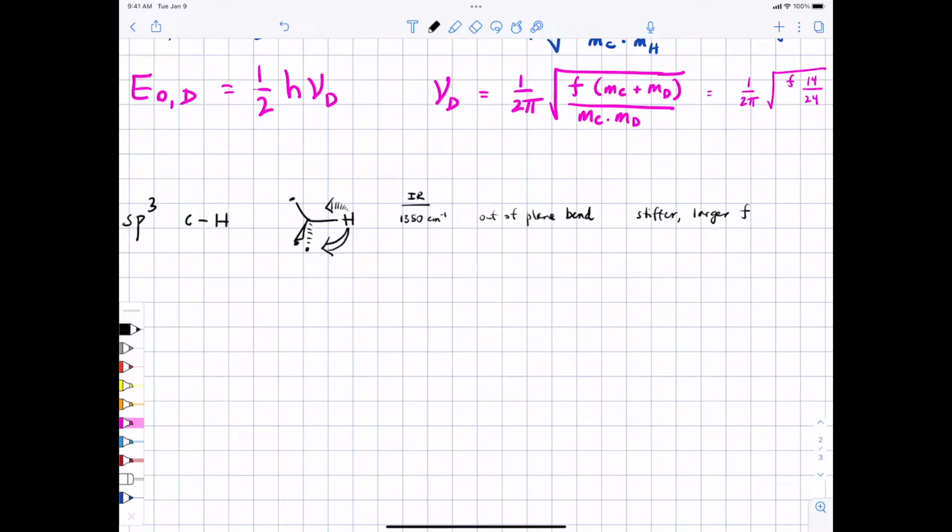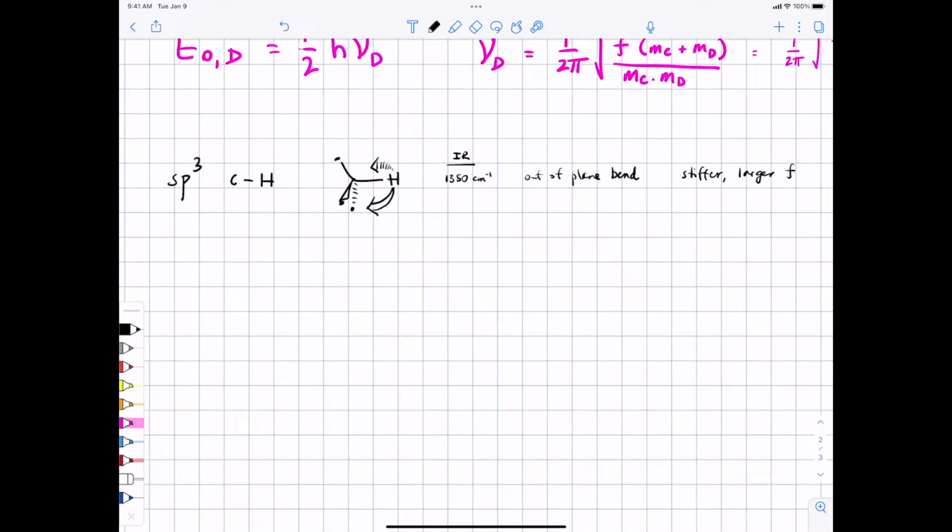It's a stiffer vibration, and part of the reason is the electron-electron repulsion that happens as we distort this hydrogen towards this direction and that direction as it gets closer to the remaining bonds, okay? It's more sterically crowded.